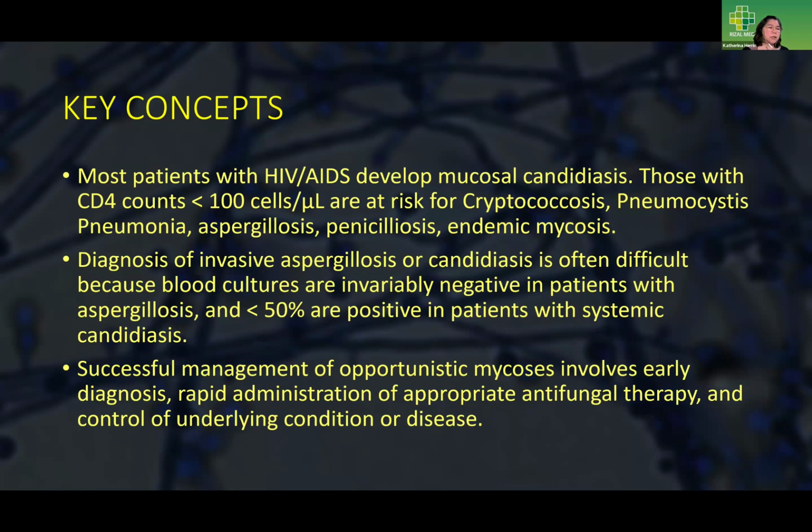Those with CD4 counts less than 100 cells per microliter are at risk of developing cryptococcosis, Pneumocystis pneumonia, aspergillosis, penicilliosis, or talaromycosis. Diagnosis of invasive aspergillosis or systemic candidiasis is difficult. Successful management of opportunistic mycoses involves early diagnosis, rapid administration of appropriate antifungal therapy, and control of the underlying condition or disease.